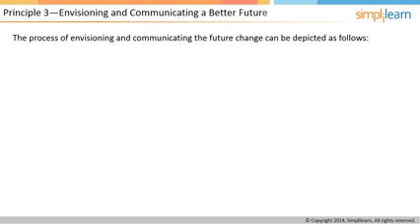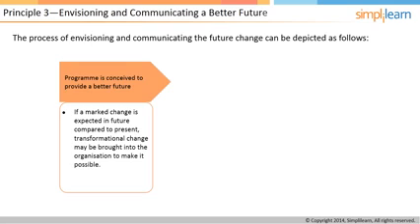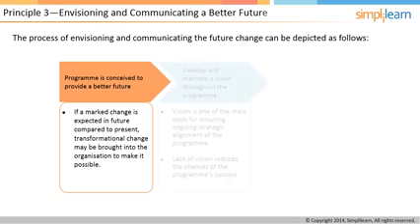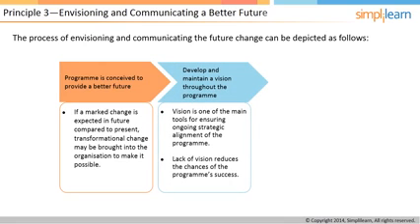The third program management principle is envisioning and communicating a better future. Any program is conceived with the aim of a better future in mind. This future can be due to a planned transformational change that may be brought by delivering a new capability. It is very important to share the beneficial future state with other stakeholders to gather support for the program.